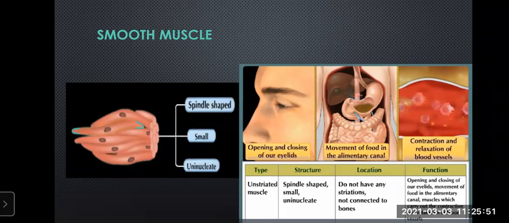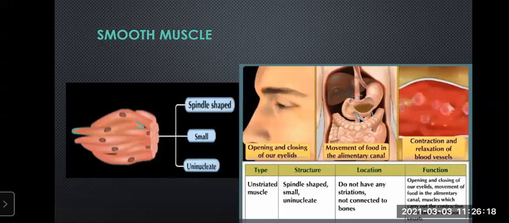Now, where is the location of this muscle? It is present in the soft organs of our body. For example, our alimentary canal contains smooth muscles. Then the stomach, our kidneys, our reproductive system, the uterus, and the urinary bladder.